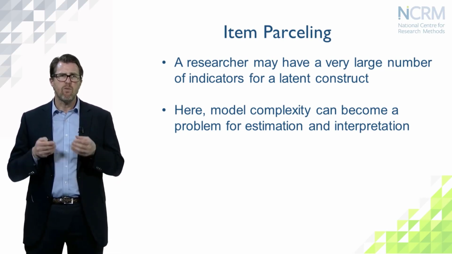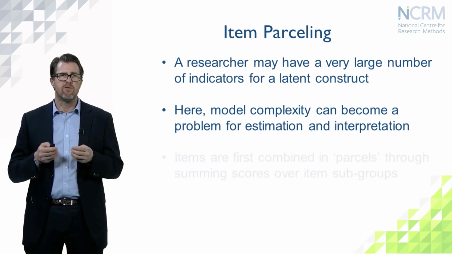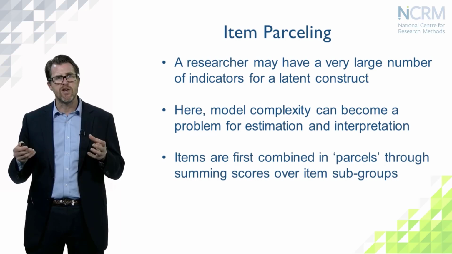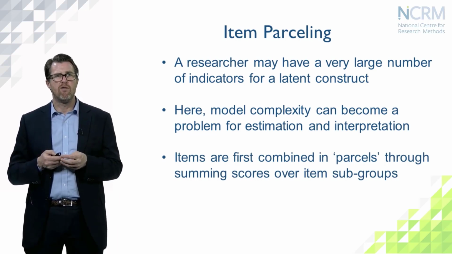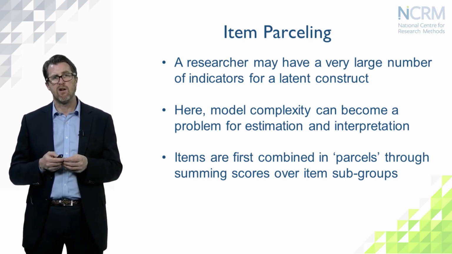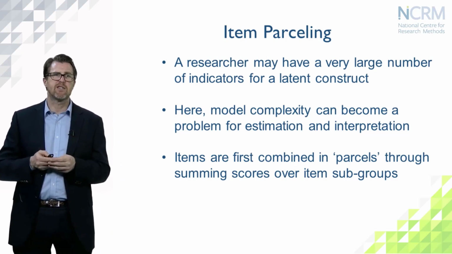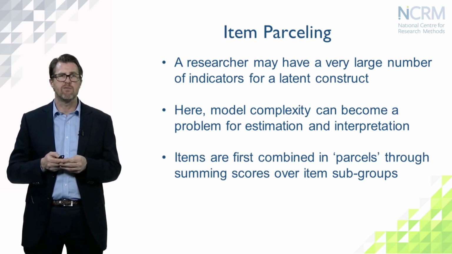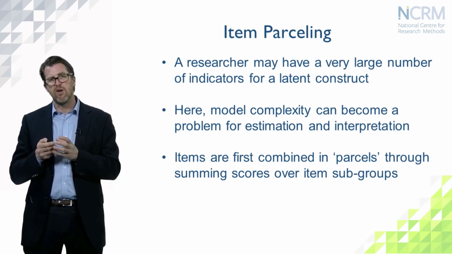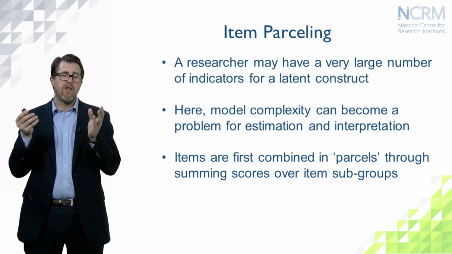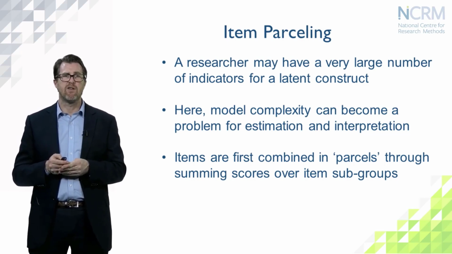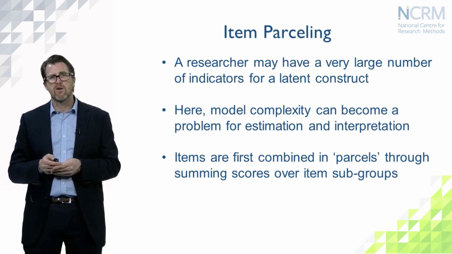So when in this situation, researchers will sometimes use an approach called item parceling, which is a first stage of taking summed scores, adding up the scores for those large numbers of items, or for subsets of those items, and then those subgroups of parcelled items or sum scales then act as the observed indicators for the latent variables.